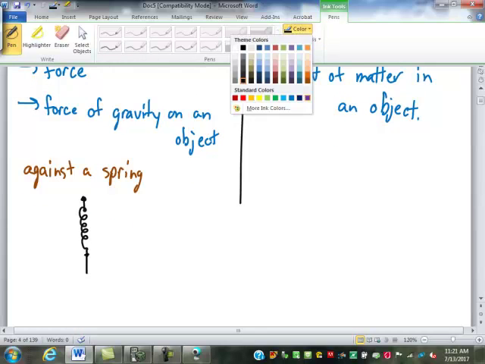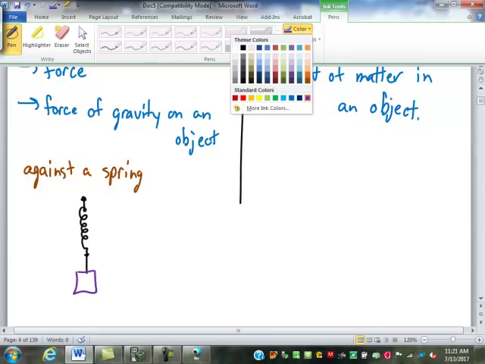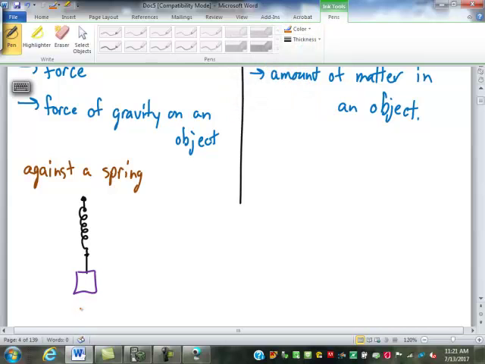Then at the bottom of that spring, you hang whatever it is you're going to measure. And once you hang that object on there, the spring stretches out like that. The amount the spring stretches is the measurement of the weight.